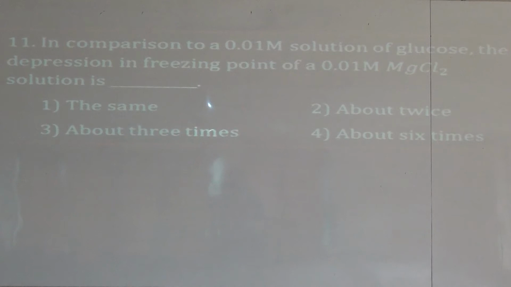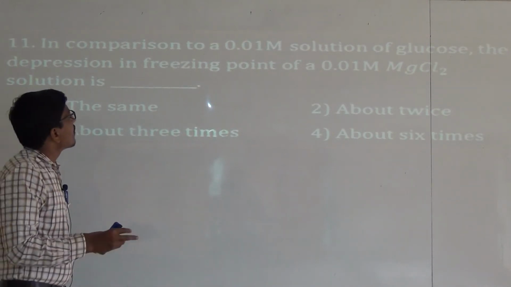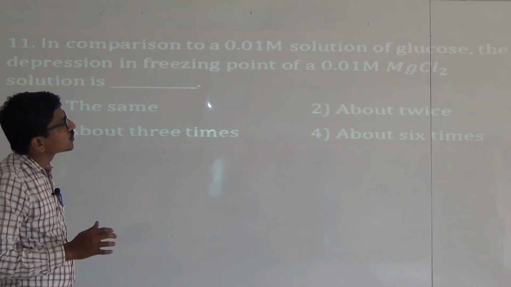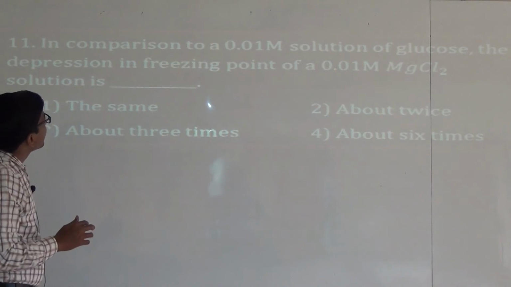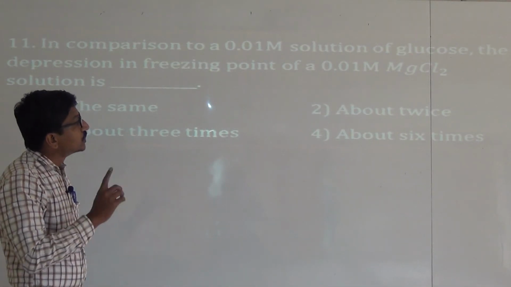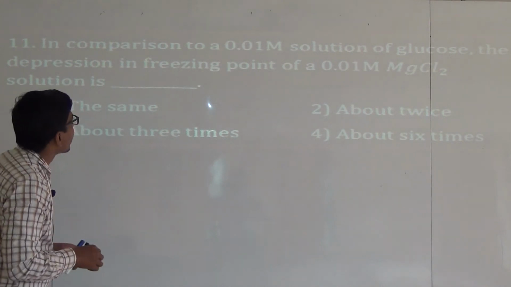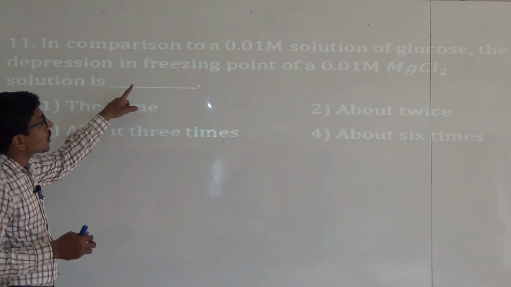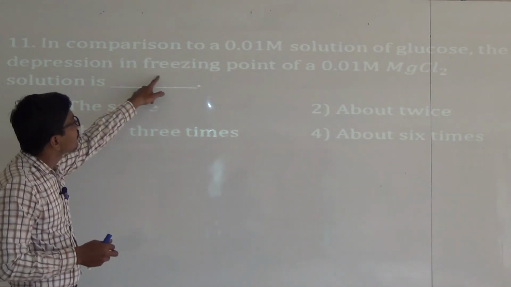Next question is, in comparison to a 0.01 m solution of glucose, the depression in freezing point of 0.01 m magnesium chloride solution is. This is based on depression in freezing point.